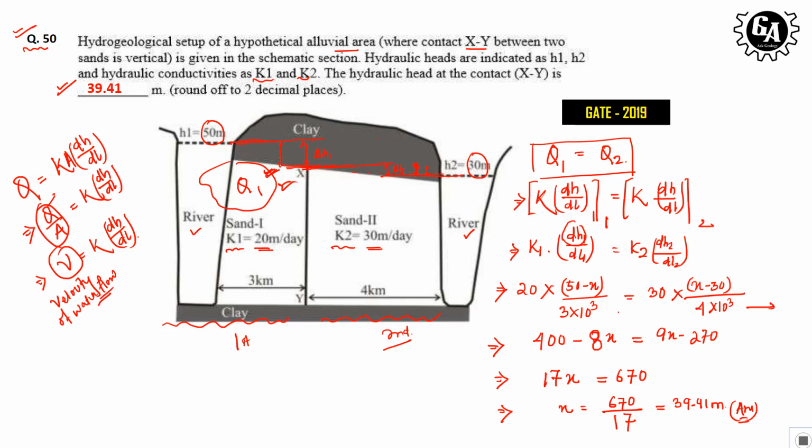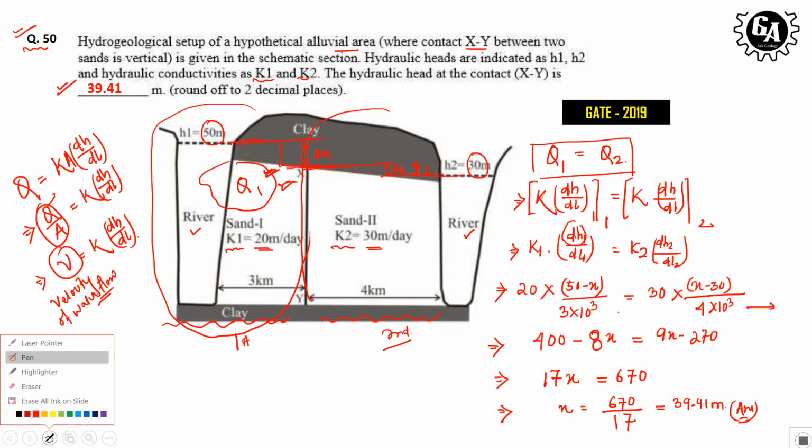Now in this system we consider this to be one unit and this to be the second unit. Let's change the color, this the first and this the second. In the first, it will have some dh by dl value.